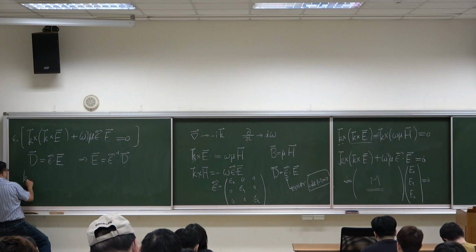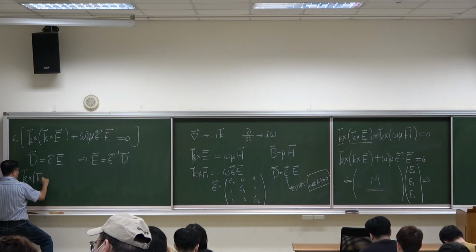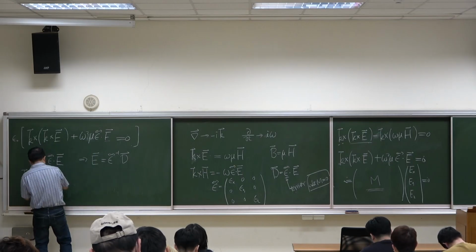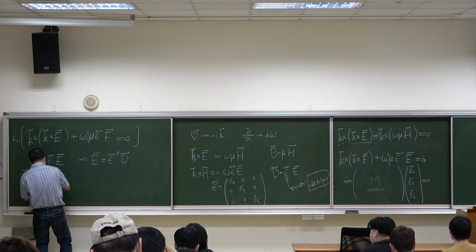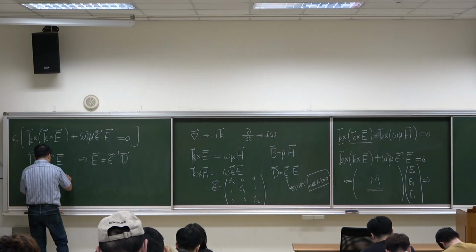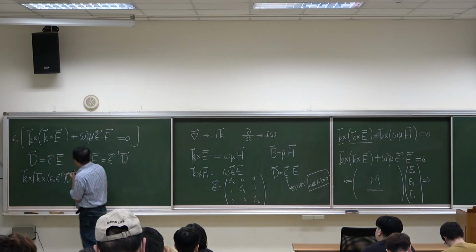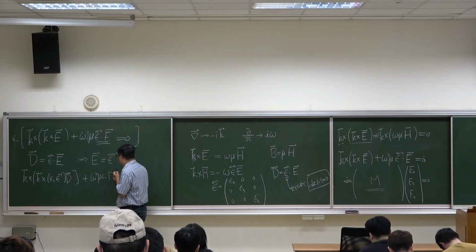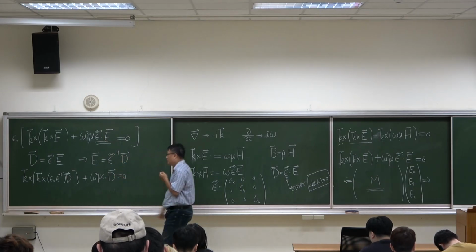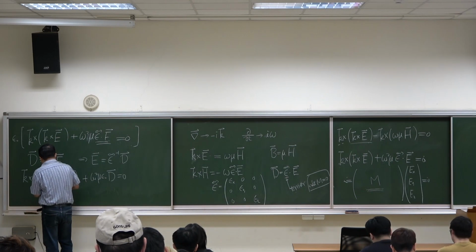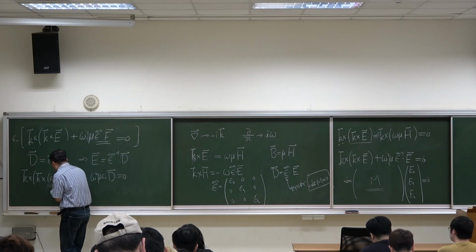Then I get K cross, this one, epsilon 0, epsilon inverse times D, plus omega squared mu epsilon 0 times D. Now you see that here we have a new matrix, a new tensor.